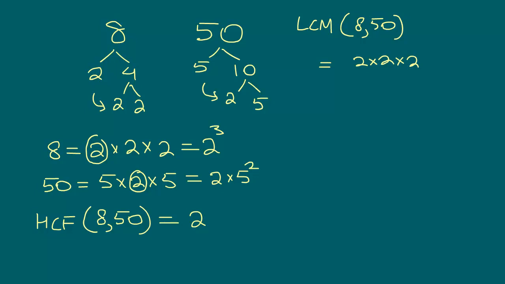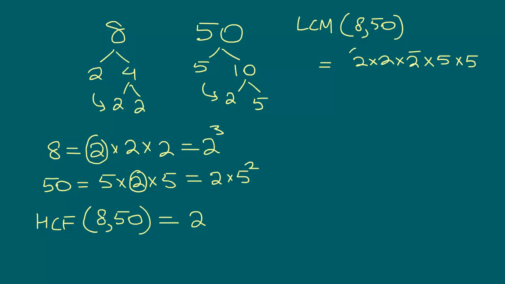Now let's see what we need for the number to be divisible by 50. We need the number to contain a 2, which we already have here. But we now need to have 5 and 5. So our number needs to have times 5 times 5 in order to be divisible by 50.